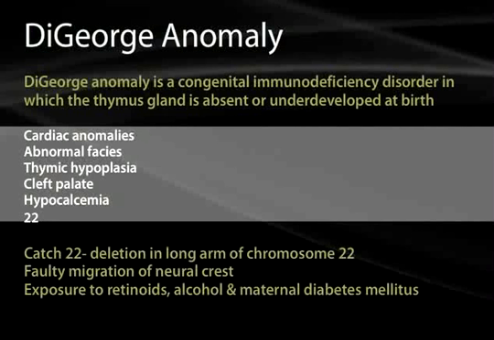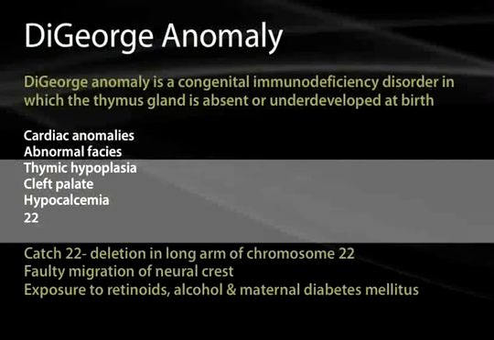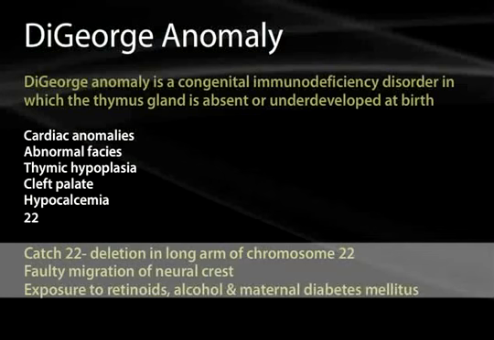That means that there's going to be cardiac anomalies, abnormal faces, thymic hypoplasia, clefting of the palate, and hypocalcemia. And all of this happens on the 22nd chromosome. So there you can have CATCH22.